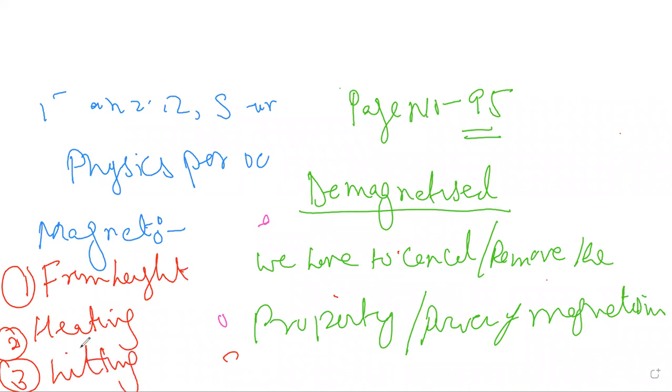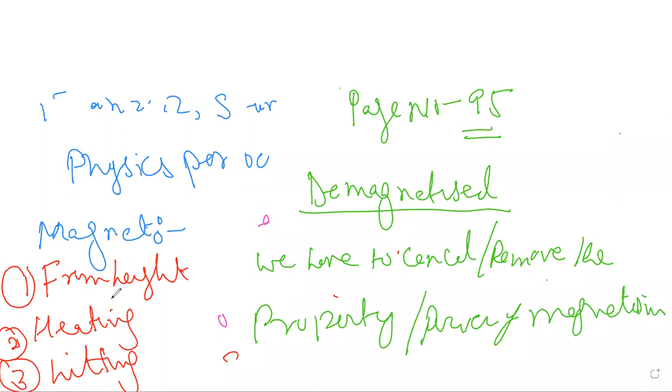Okay, beta, this is very important, because if we want to demagnetize a magnet, we have to cancel its power so that it will not attract things. So we drop that magnet from a height. We heat it strongly so that all the property of attraction will be removed, and by hitting with a hammer.